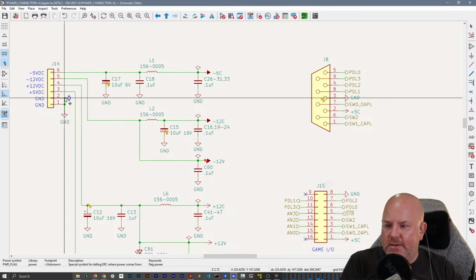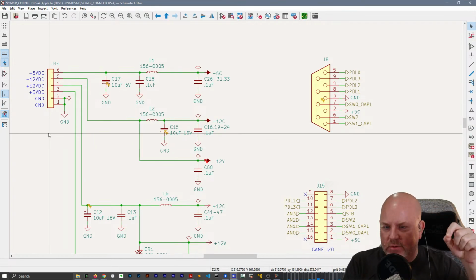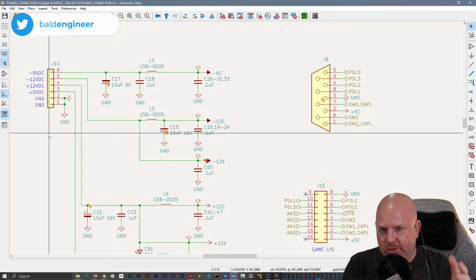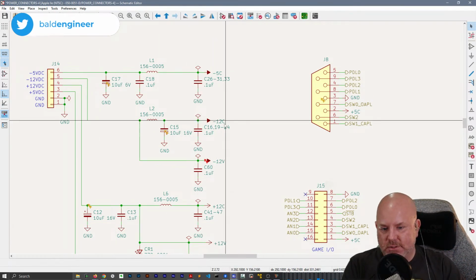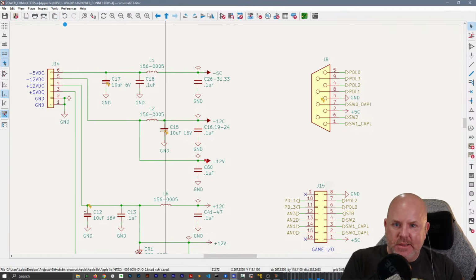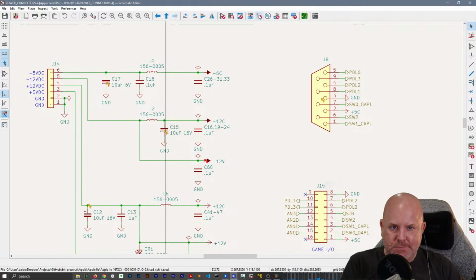So I like to put the flags on whatever is actually providing power, whereas some people just put the flags wherever. So these are like the sources for power. So I put the flags here, and that way these should drive all of the power input pins.